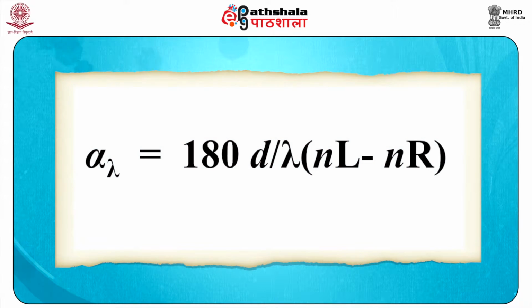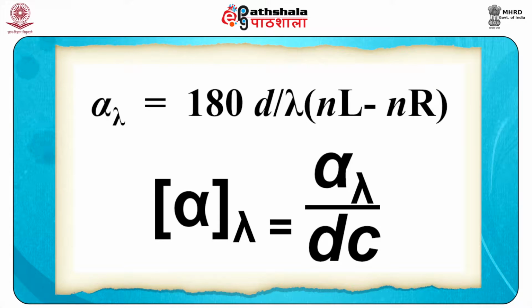This factor can be described in the equation alpha lambda is equal to 180 d divided by lambda, brackets open, nL minus nR, brackets closed.